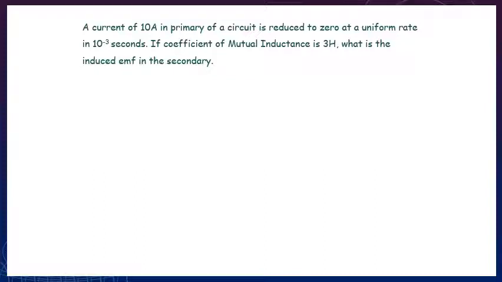So we have the initial current I1 as 10 ampere in the primary circuit. That current is going to 0, so our final current is 0 ampere. The change in the current that we have to find out, and we are given dt, that is the time taken to reduce 10 ampere to 0 ampere, as 10 power minus 3 second.